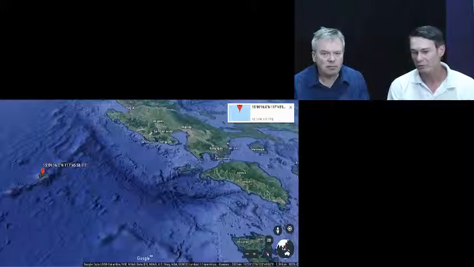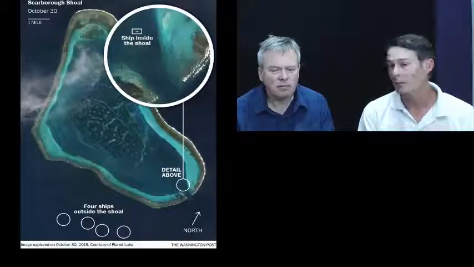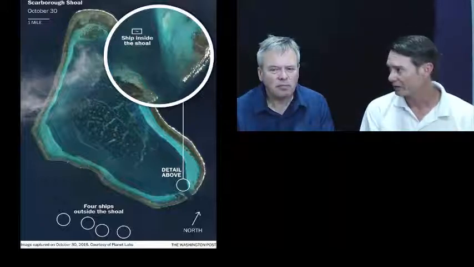And an international arbitral tribunal has declared that Scarborough Shoal in international maritime law is a rock, and therefore it has a 12 nautical mile territorial sea around it. So it doesn't have any of the expanded maritime zones that international maritime law would endow to such a feature.